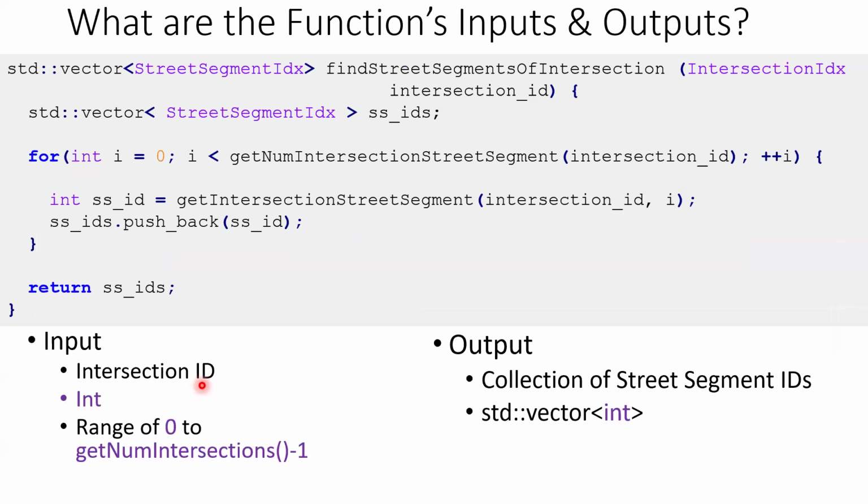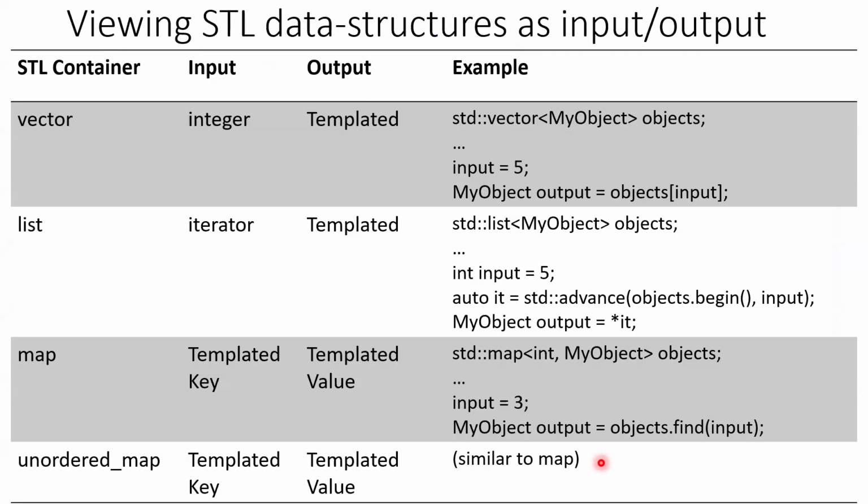This is an integer ranging from 0 to number of intersections minus 1. The output is a vector of int. Which data structure can have something stored like that? We have an input that is an integer only, while the iterator, templated key, and output are all templated.